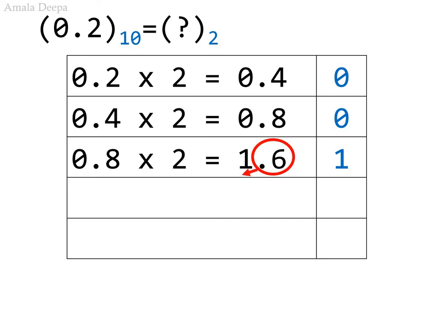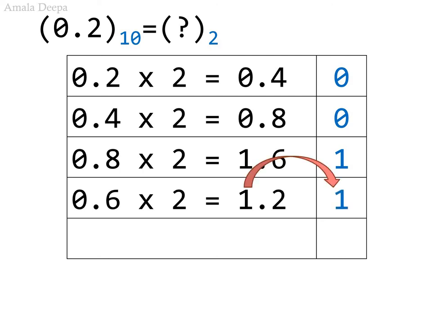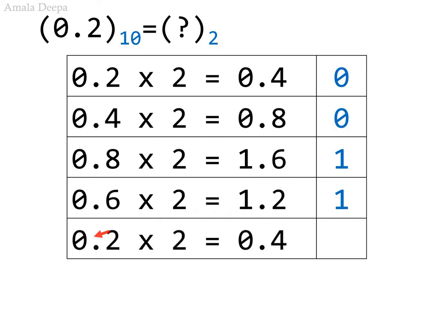Bring it in front and multiply by 2 to get 1.2. Once again, take the 1 and keep it aside. Take the fractional part, 0.2, and multiply by 2 to get 0.4.